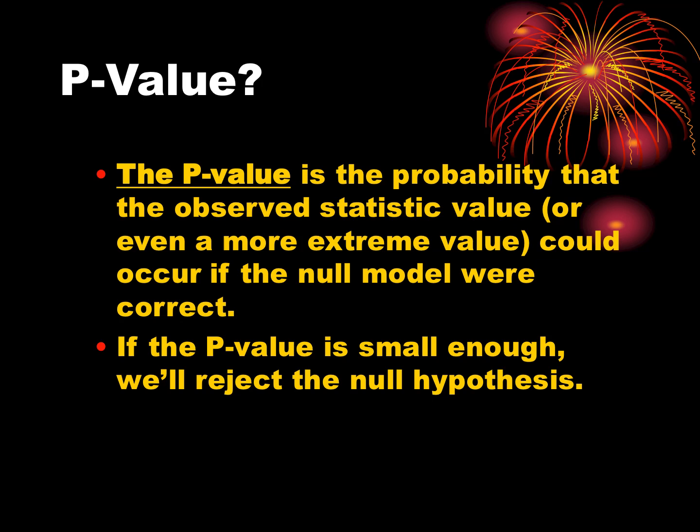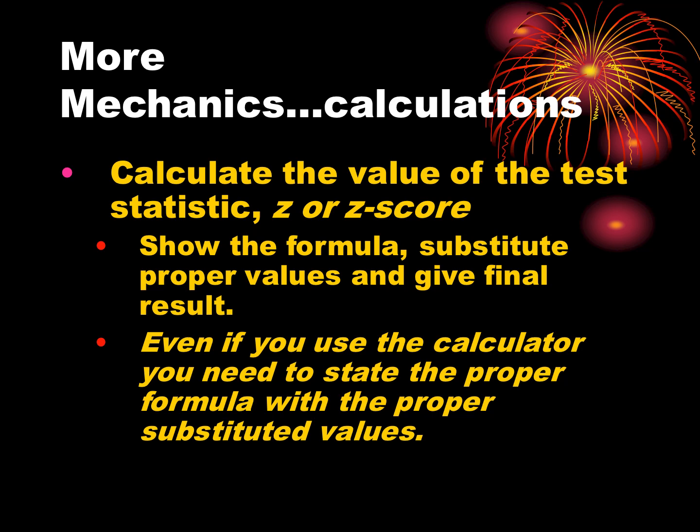But if the probability is higher, we fail to reject the null hypothesis. We never actually accept the null hypothesis, because another sample can come along and cause us to reject it. So it's just we reject or we fail to reject. We never accept.